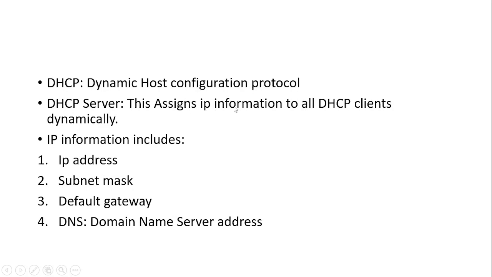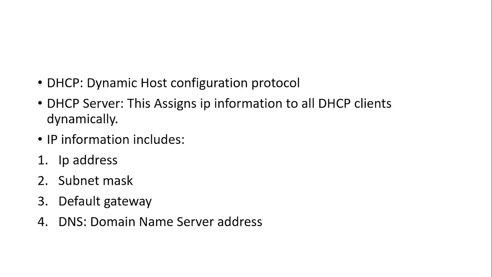When we talk about IP information assignment to the DHCP client, we can have this type of IP information in different categories. One, we have the IP address information. So the DHCP server will assign the IP address to all the DHCP clients.